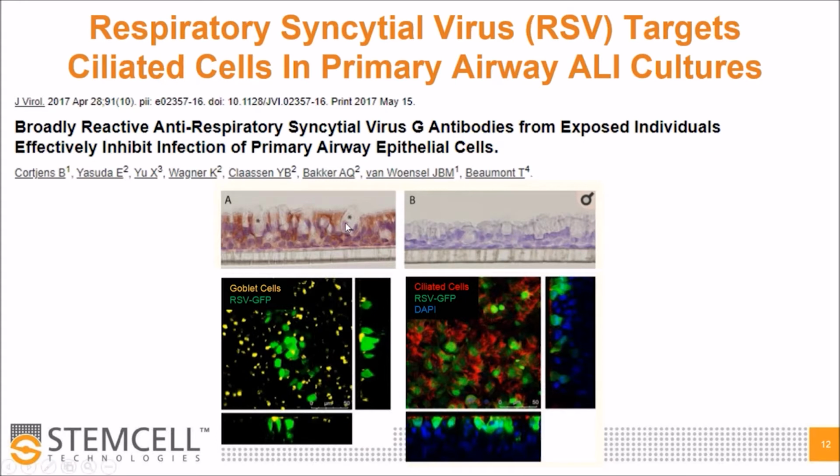As you can see, these monolayers have been established in an air-liquid interface culture system, and scientists show that in this very nice polarized epithelia, RSV-tagged GFP virus is able to infect specifically the ciliated cells.